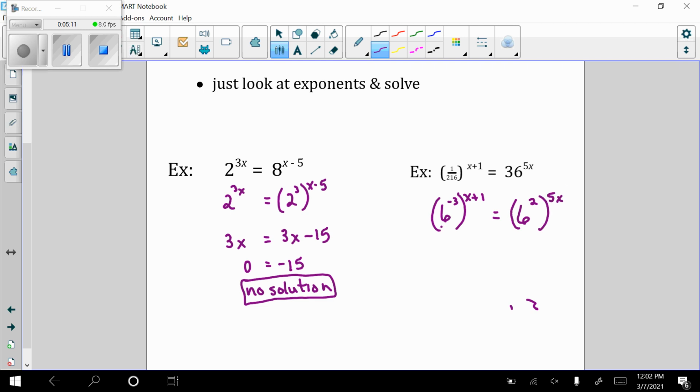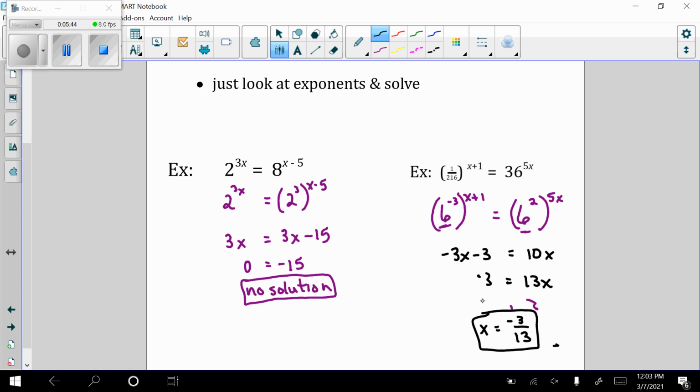So now that I have my common base of 6, I can use my exponent properties and solve the exponents. So on the top here, I get negative 3x minus 3 using my power of powers, equals 10x. If I move my 3x over, I get negative 3 equals 13x. So x is equal to negative 3 over 13.